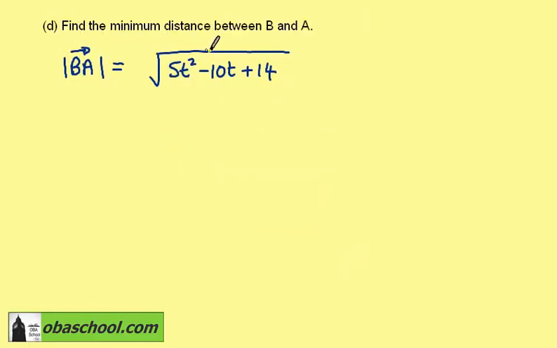We now want to find the minimum distance between B and A. So we need to calculate this expression with t equal to 1, since t equals 1 gives us the minimum distance.